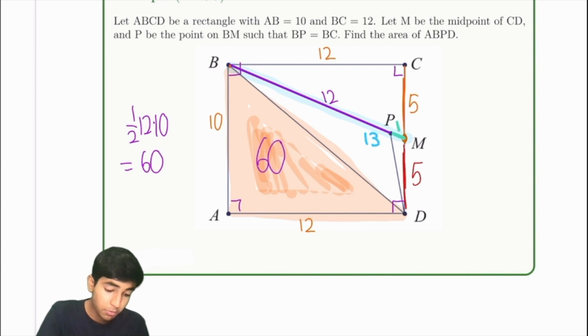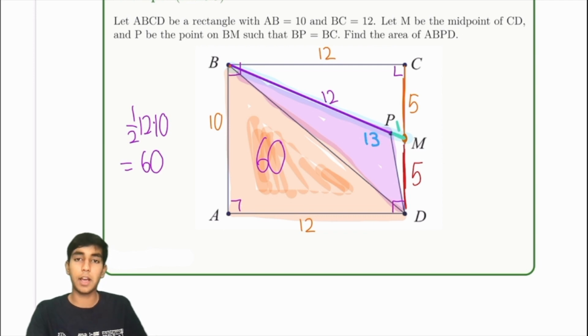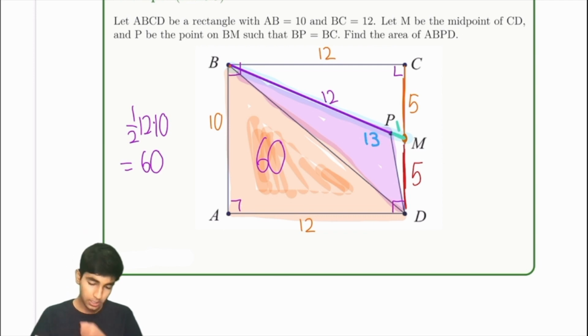Now, the tricky part of this problem is figuring out the area of this triangle. Right? That's not just a simple right triangle where we know the base and height. So how should we do that? It seems like this purple triangle is almost this triangle here.